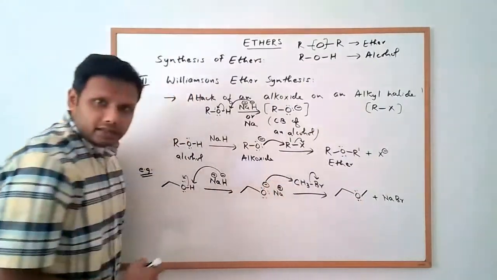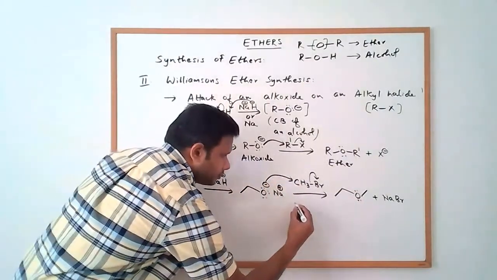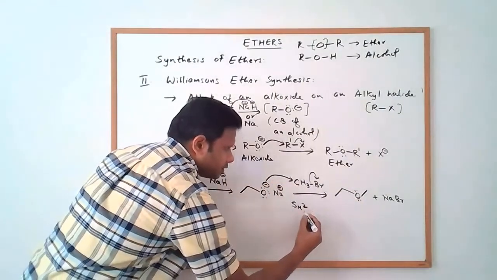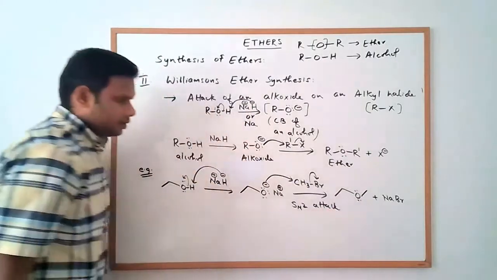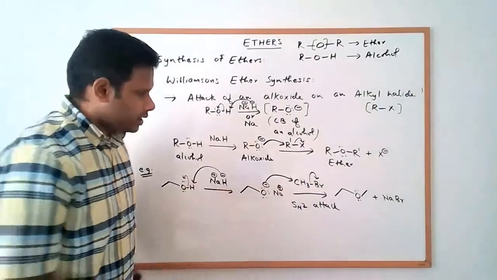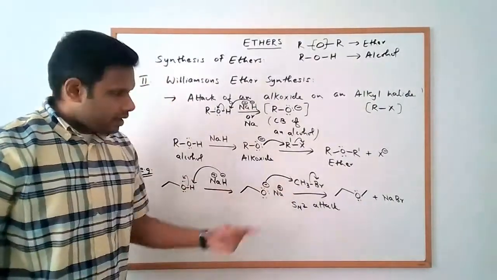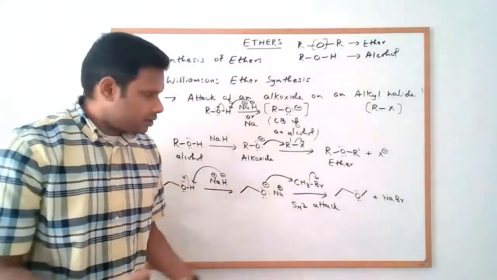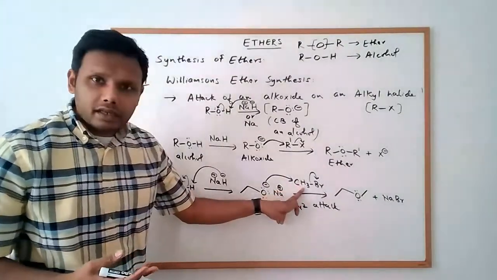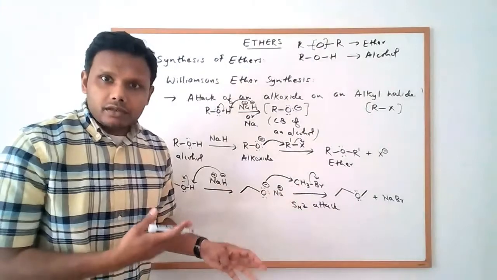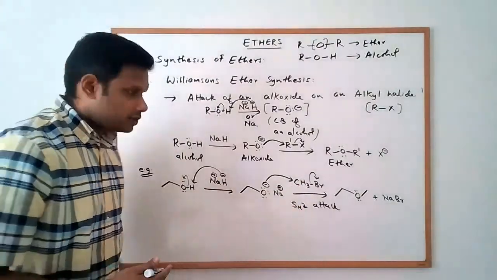Now, this attack here is an SN2 attack. Okay, this is an SN2 attack that's happening here. And that has implications, because now you have to think about, okay, what sort of alkyl halides participate in SN2 reactions, right?